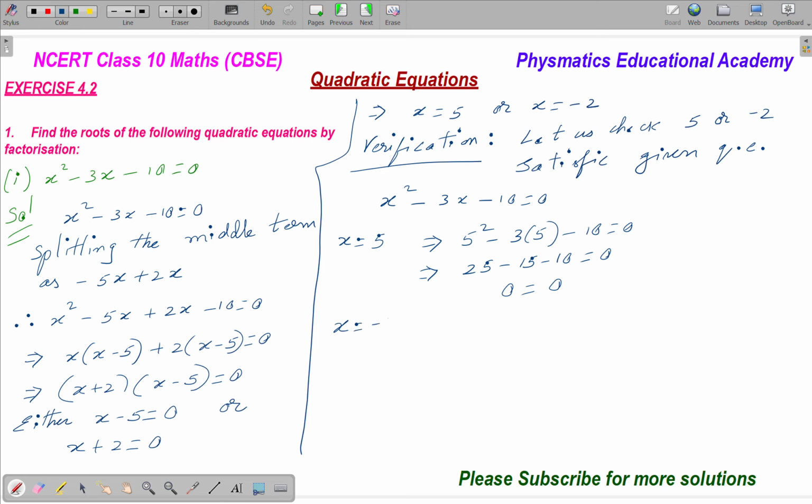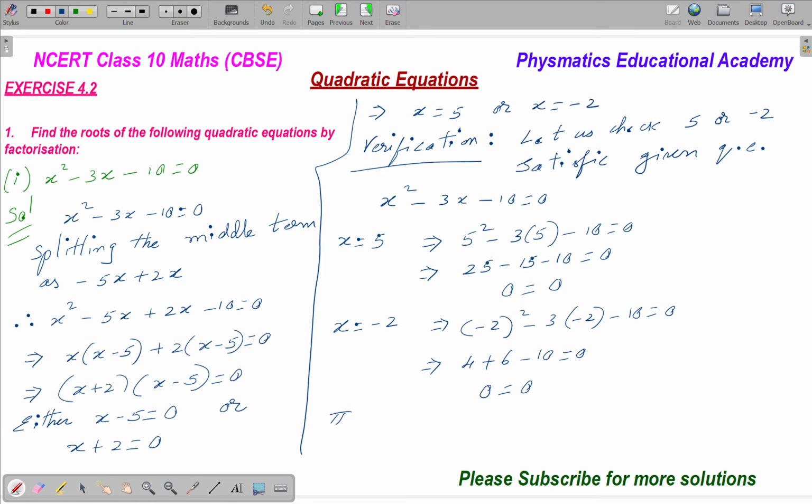Similarly, x is equal to minus 2. That implies minus 2 square minus 3 into minus 2 minus 10 is equal to 0. That implies 4 plus 6 minus 10 is equal to 0. Therefore 0 is equal to 0. It satisfies the given quadratic equation.